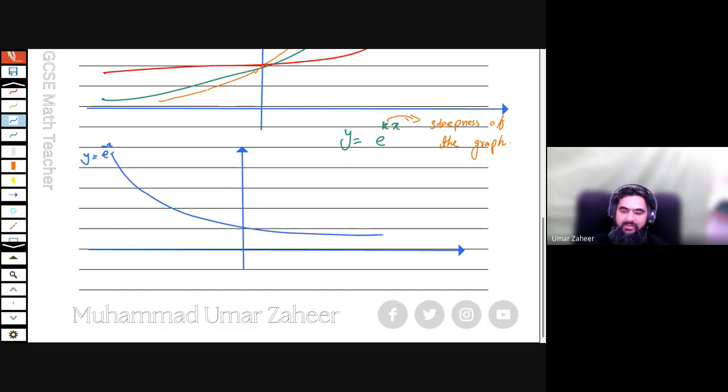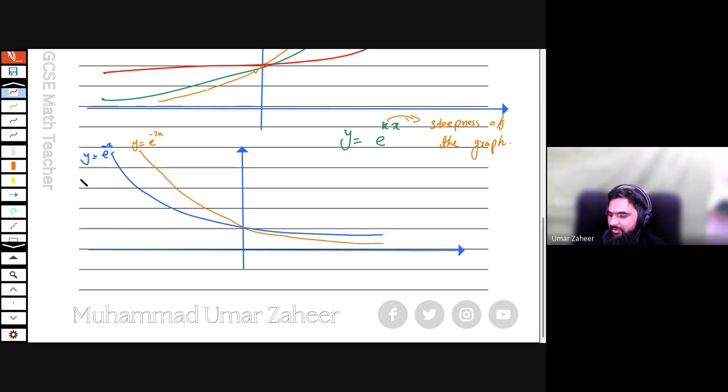All right. Now, if you have a graph y is equal to e power minus 2x, look at here, it will be steeper than e power minus x. So this is moving here. And after that, it will cross, it will be low.